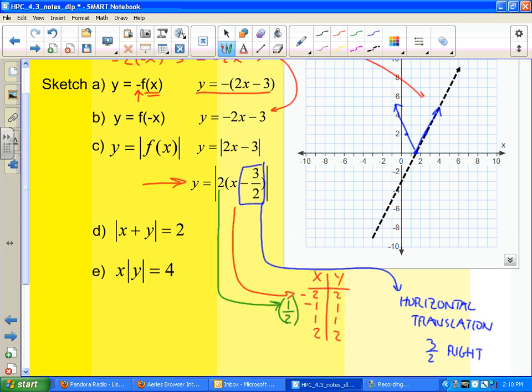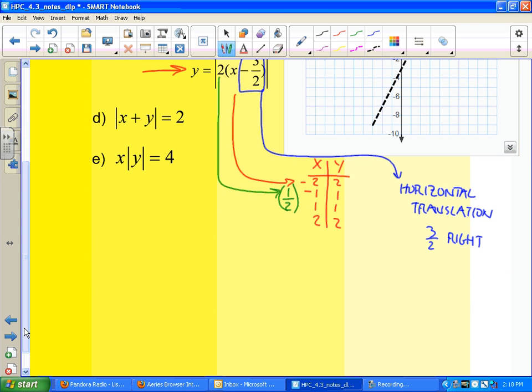We haven't spent a whole lot of time talking about this notation, so let me just introduce something to you here. a, b, x plus or minus c, plus or minus d.